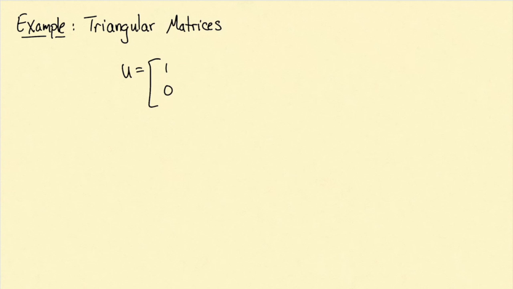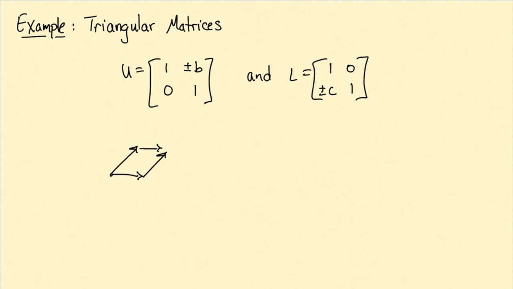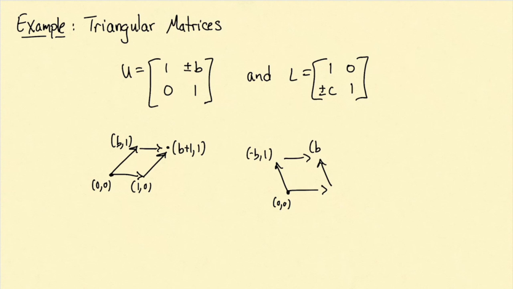So the third and final class of matrices that we're interested in for this particular video is going to be the class of triangular matrices. So for 2 by 2 matrices, there are 2 types of triangular matrices: the upper triangular matrices and the lower triangular matrices. So as before, there are only 4 cases that we have to worry about.